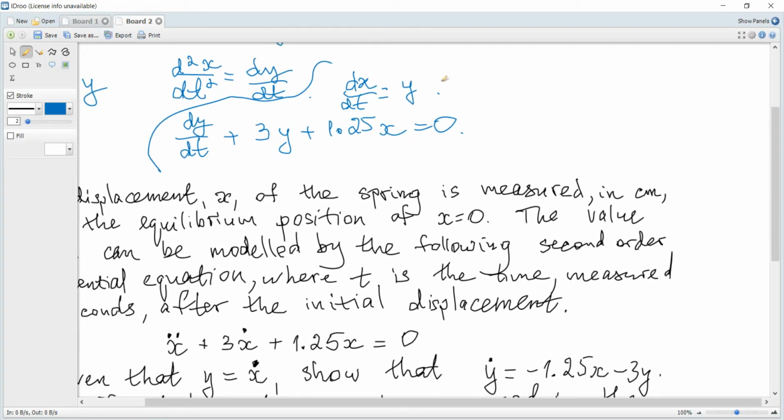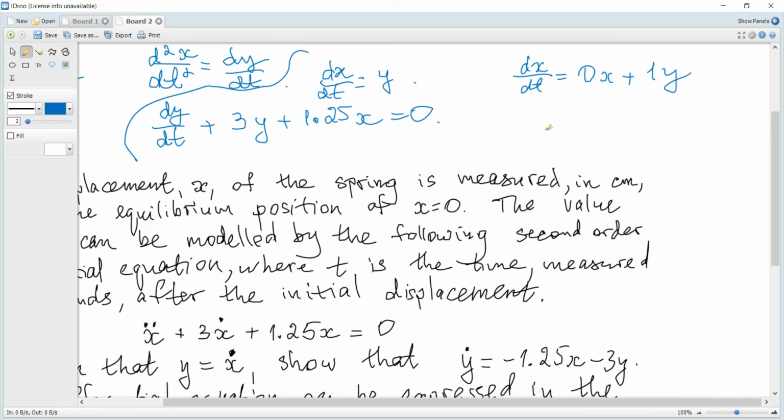Don't get confused. So according to our situation, dx over dt is 0x plus 1y. It's not necessary to write 0x and 1y, I do it to be more clear. And dy over dt is negative 1.25x minus 3y.